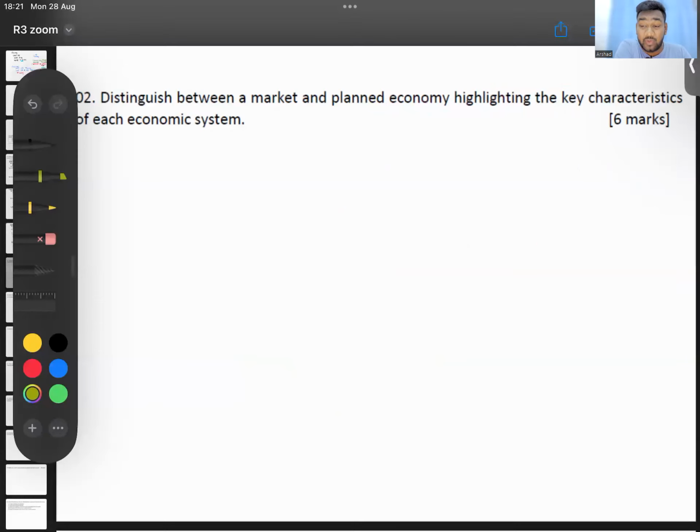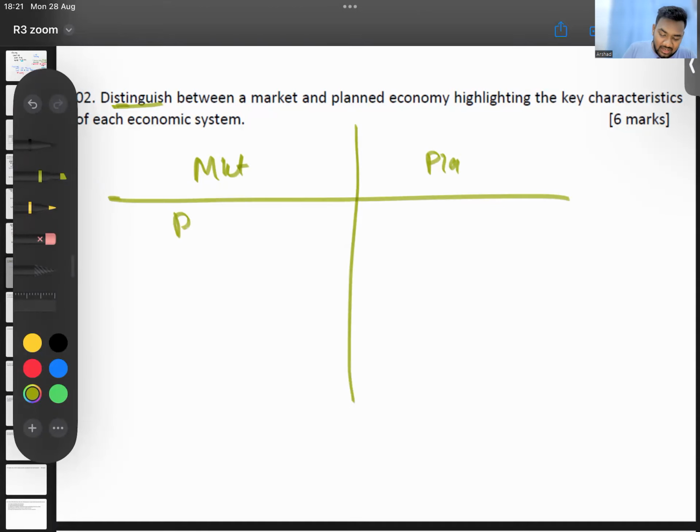So, what can we say about this? Remember, this is where your answer writing is important. When they say distinguish, don't draw a table. I know some of you, like in O levels, still write market economy, planned economy and draw a table: price mechanism, planning mechanism, private ownership, public ownership.